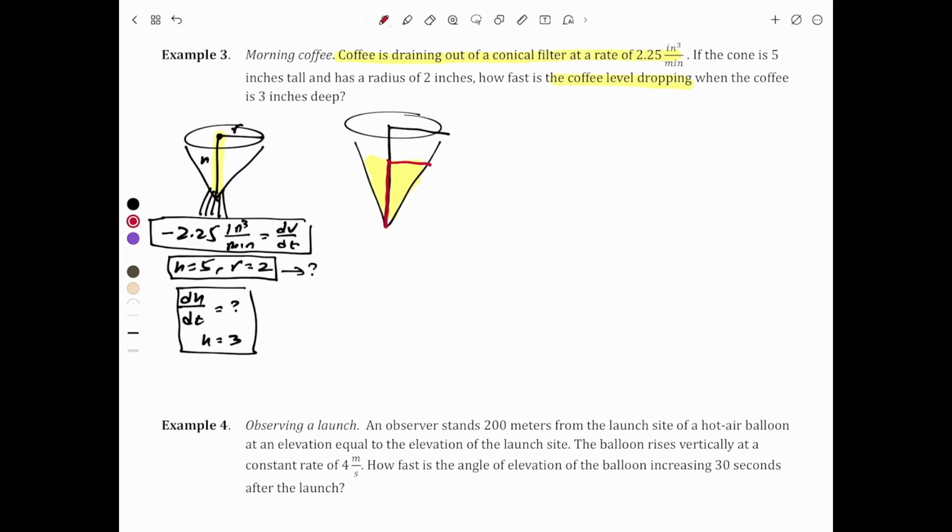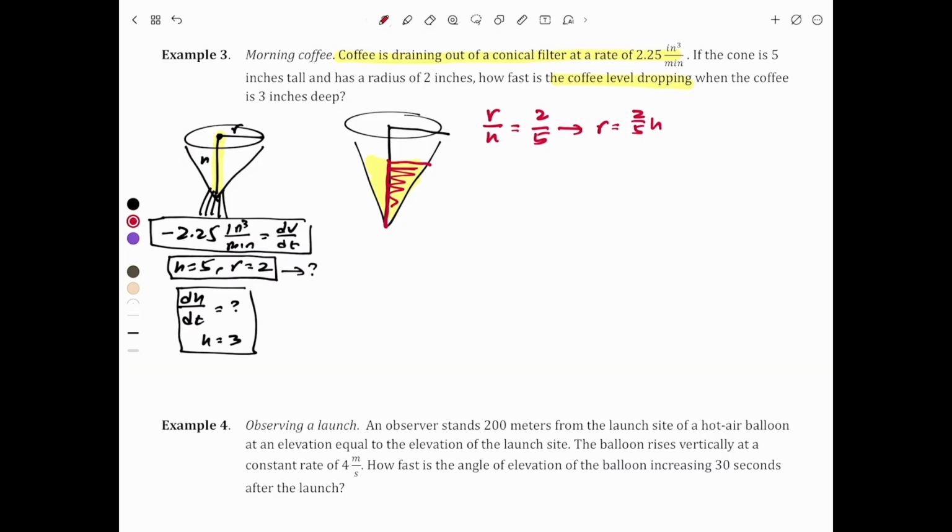Can you see that that creates a similar triangle? This red triangle is similar to the triangle in black, the original triangle. So the ratio of the radius to the height is 2 to 5, which implies that the radius is 2/5 of the height. So now when h equals 3, I have a way of figuring this problem out.